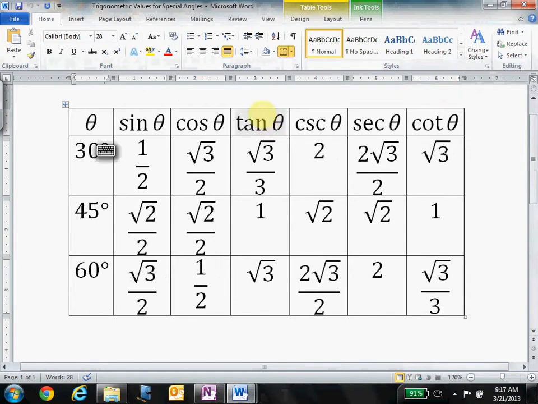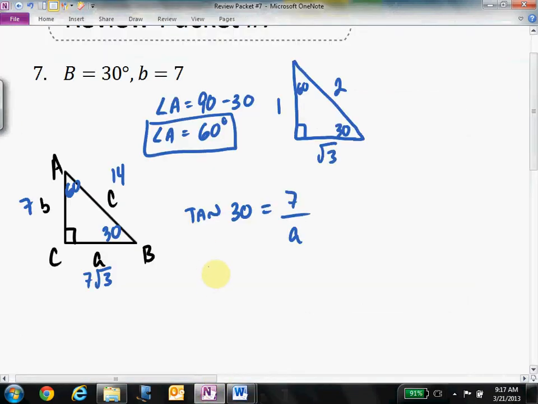I'm going to look at tangent and 30 degrees and see where they meet. And they meet at square root of 3 over 3. So tangent of 30 degrees has an exact value of square root of 3 over 3. So instead of tan of 30, I'm going to plug in square root of 3 over 3. That's going to equal 7 over A.